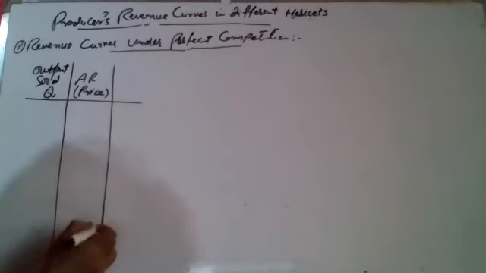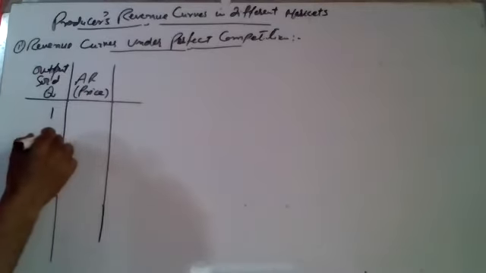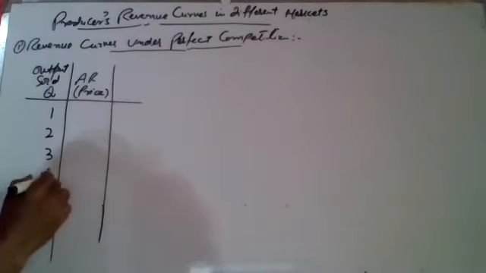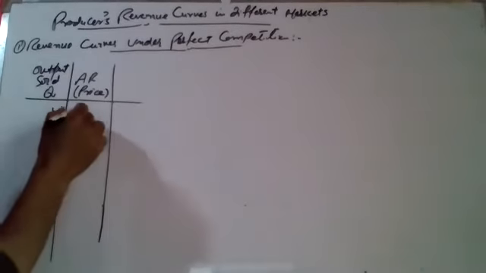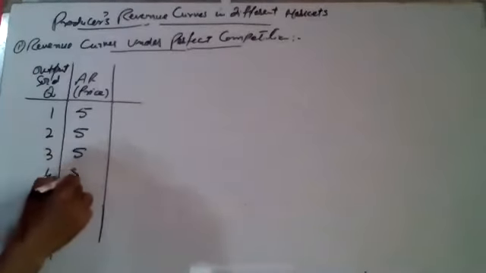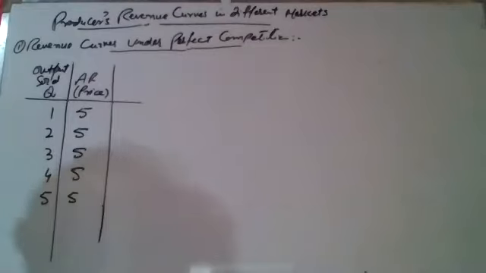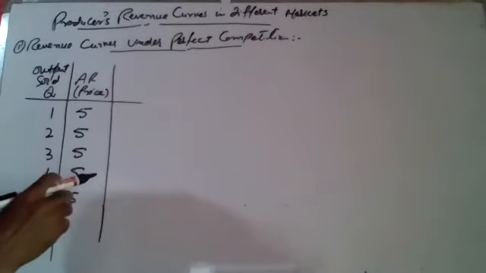For example, output is 1, a firm sold 1 unit or 2 units or 3 units or 4 units or 5 units. The average revenue is, for example, the same for a firm. Price is the same. It can sell any output at the same price. The price per unit is the same, and we have average revenue.